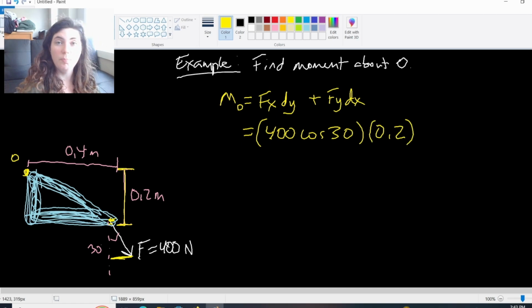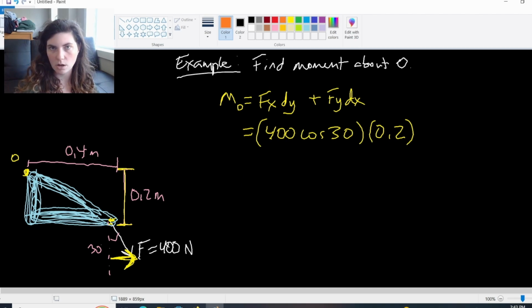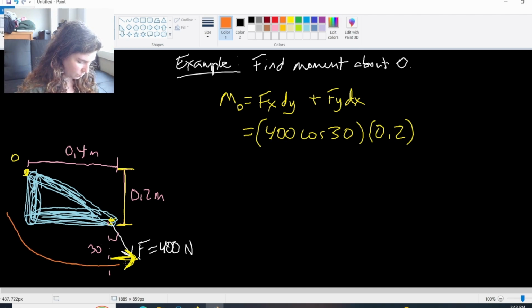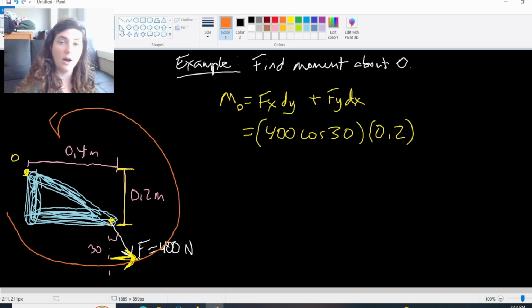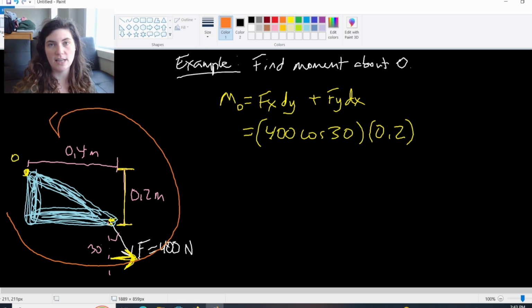But we need to check, is this positive or negative? Right, so the x component of my force here goes towards the right, right? So if I do my right-hand rule and I think about the direction that the moment is going in, is it clockwise or counterclockwise? About the moment here, it is counterclockwise. And I'm going to assume counterclockwise is positive, so I'm going to leave this as a positive.